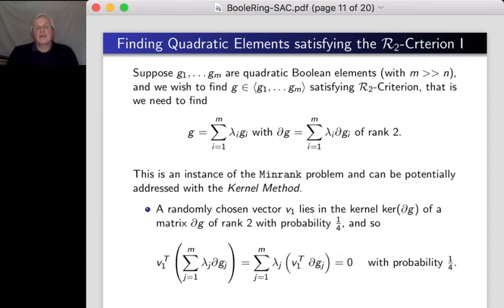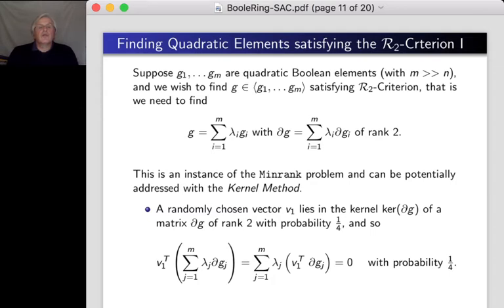The basic idea of the kernel method is that we take a randomly chosen vector v1, and we're hoping it's going to lie in the kernel of the matrix partial G, where we're hoping this matrix has rank 2. Well, a randomly chosen vector lies in the kernel of a matrix of rank 2 over GF2 with probability a quarter.